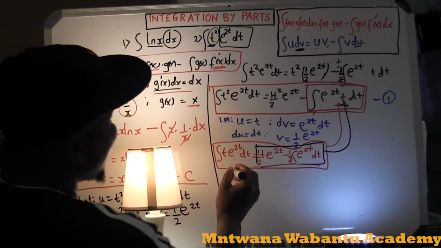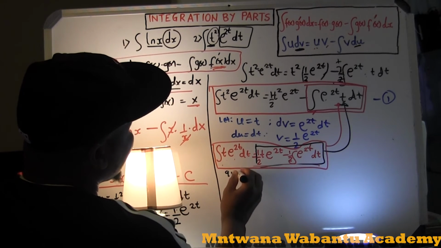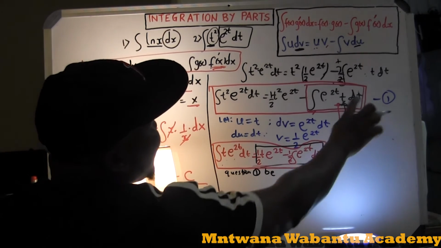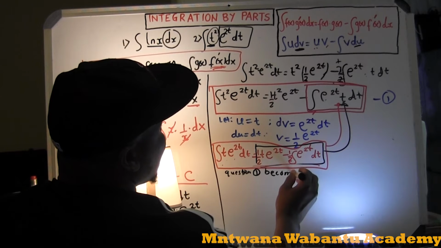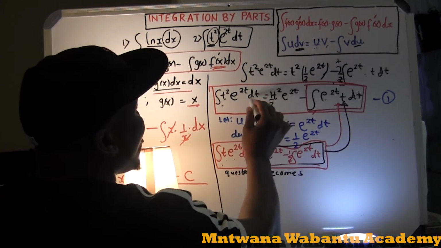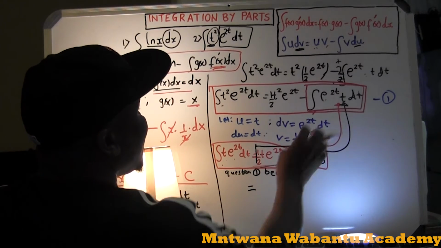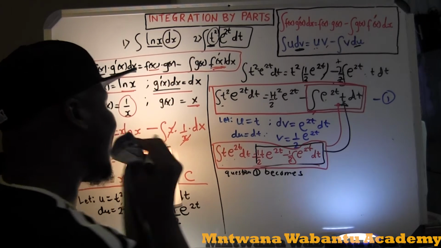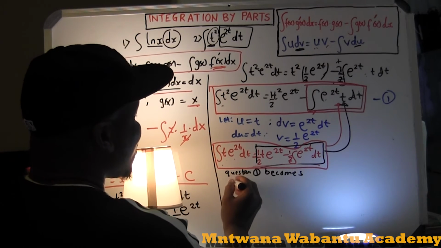So now equation 1 is going to become equal. Everything I'm going to write exactly equal. Let me write everything, no shortcuts, we want to show everything.